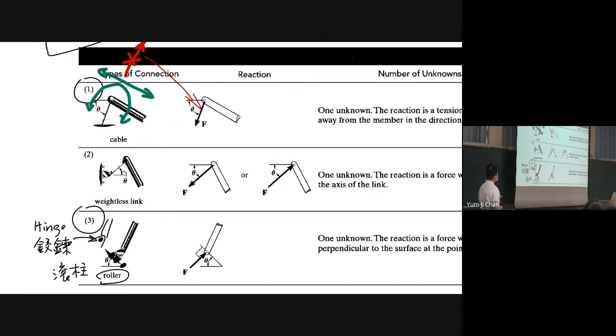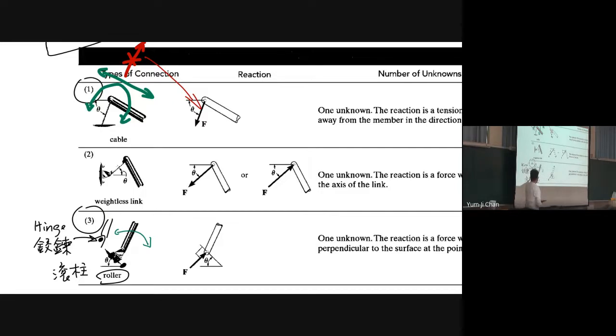Now we have a hinge and we have rollers. That means it is like a door here. So first of all, we can rotate, because it is a hinge, and it means we can rotate here.